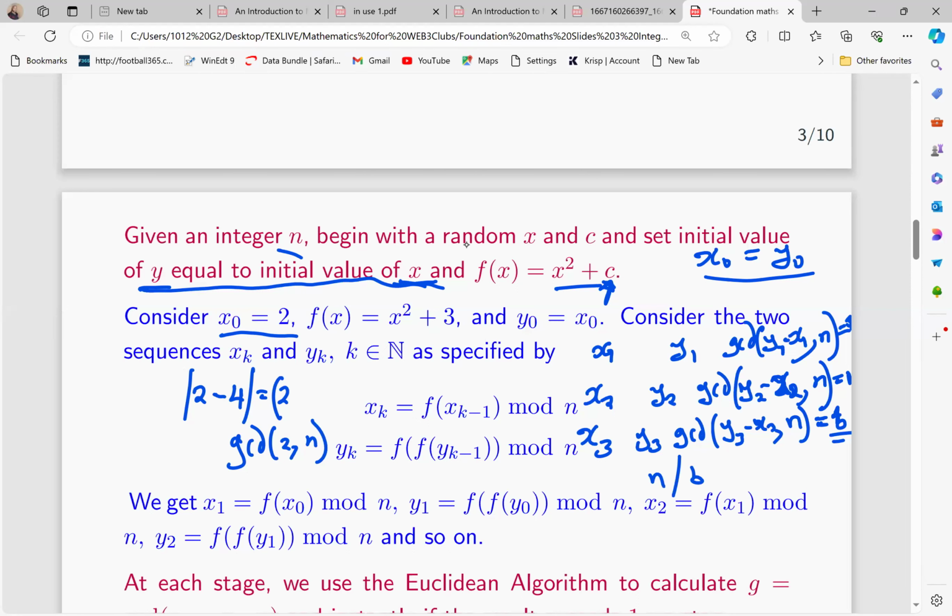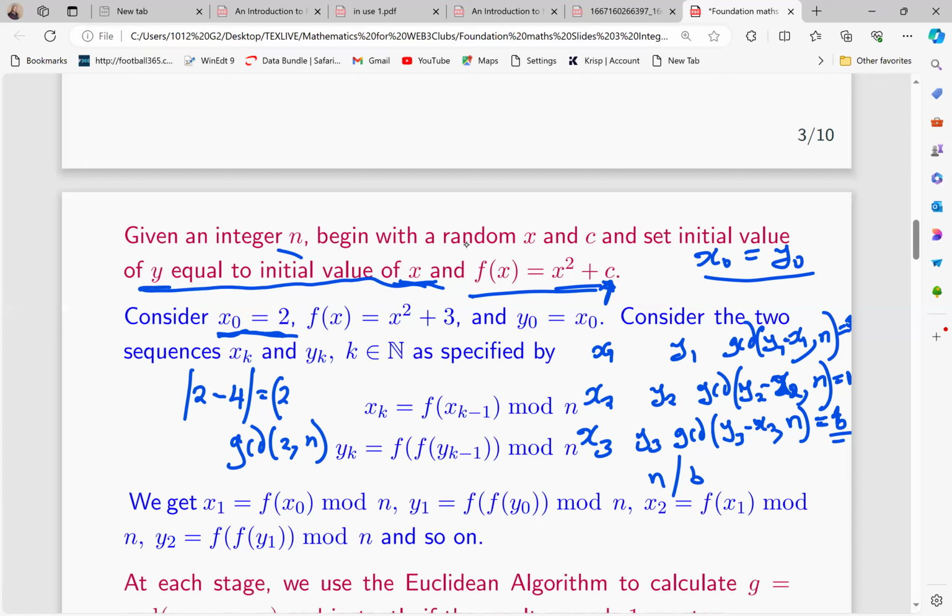I've already explained what we are going to do. How are you getting x1, x2 and x3? We are just using this equation. Let x naught be 2, for instance, and let our c be 3.